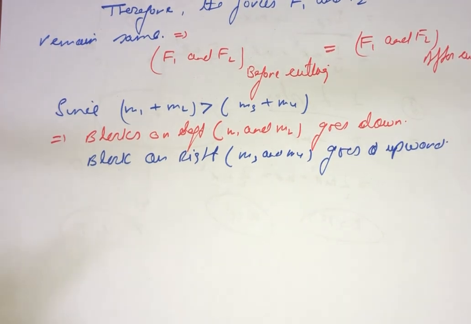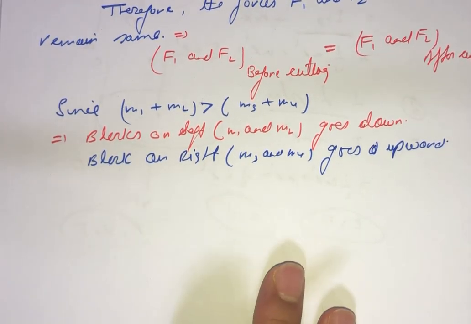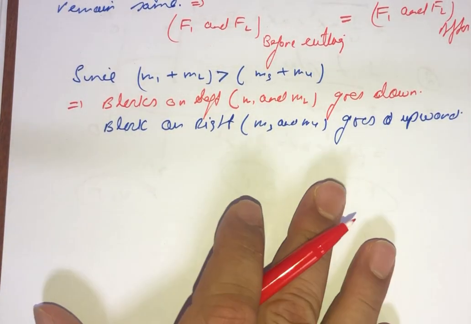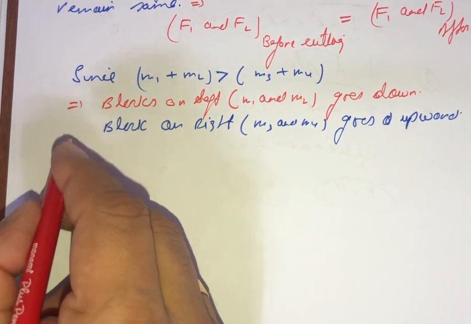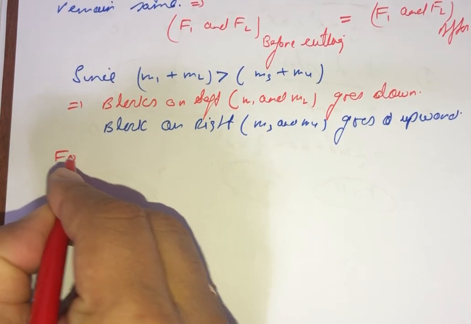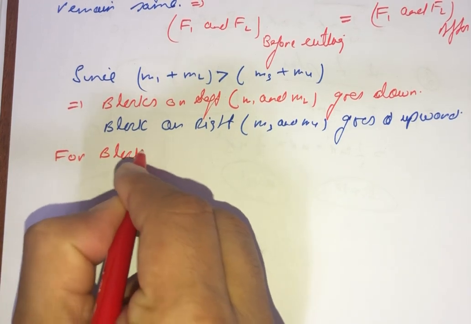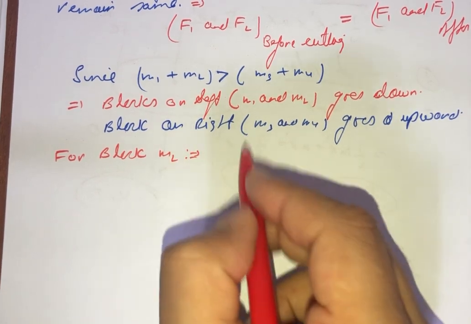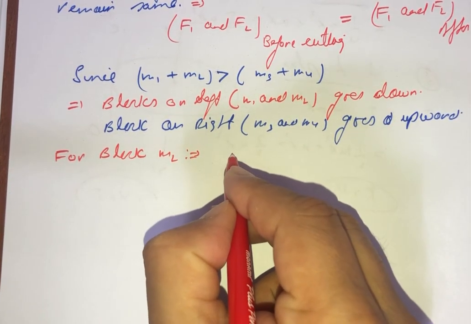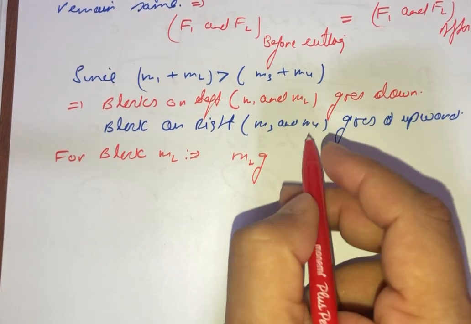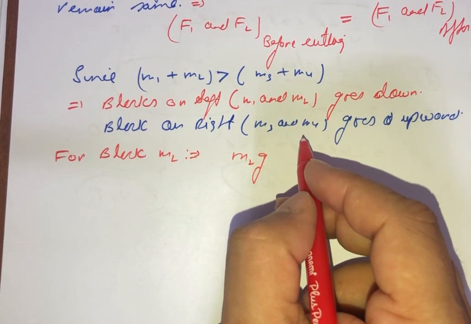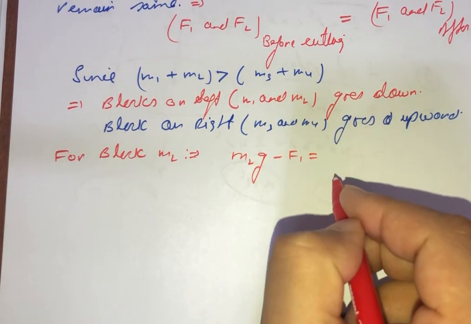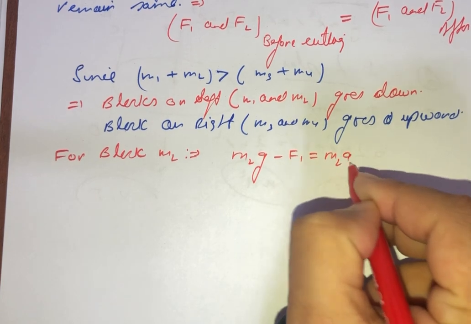Next we are going to calculate using Newton's second law of motion. For block M2, we are going to have M2G in the downward direction, and minus F1 in the upward direction, and there will be acceleration produced of A2.